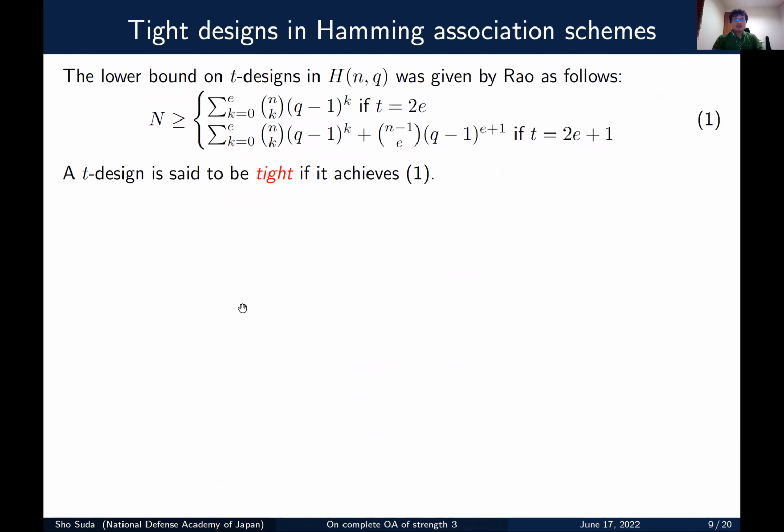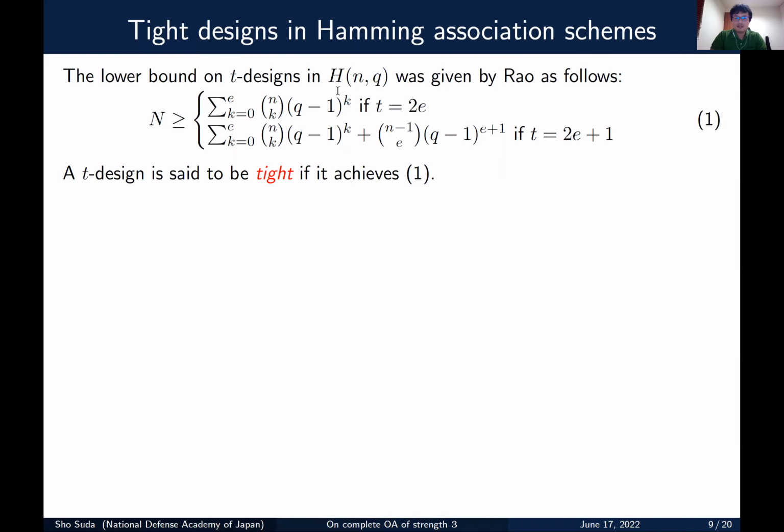And in the theory of designs, it's very important to find designs with as few vertices as possible. This means finding a nice lower bound is very important.